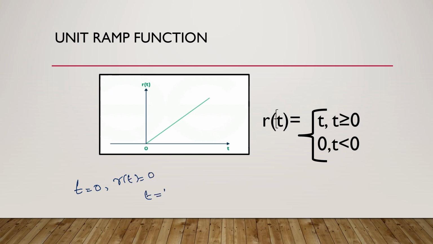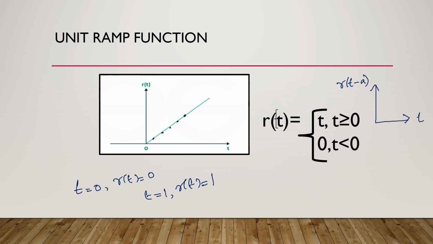If t is equal to 1, r of t will also be equal to 1. If you plot these points and join them, we get a straight line, which is a linear line. That is the ramp signal.